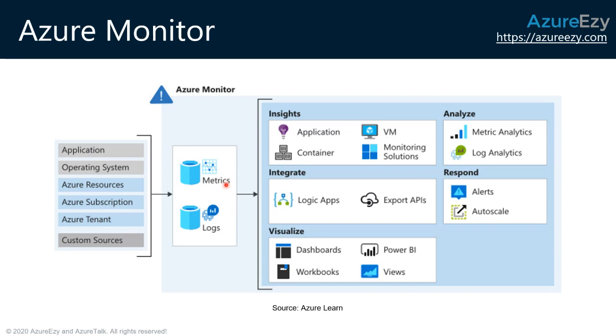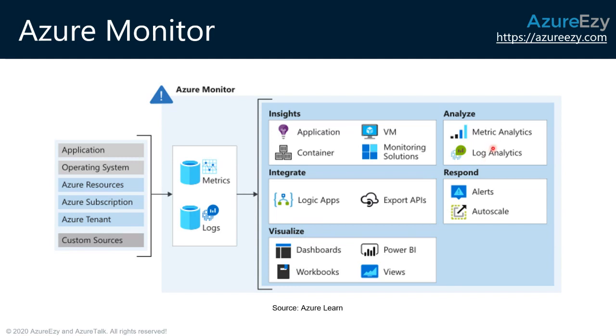But not only that, you can integrate it further and get things done based on these logs. You can create actions with logic apps, visualize in Power BI, or analyze using metrics analysis or log analytics. We will be talking about log analytics in a bit.